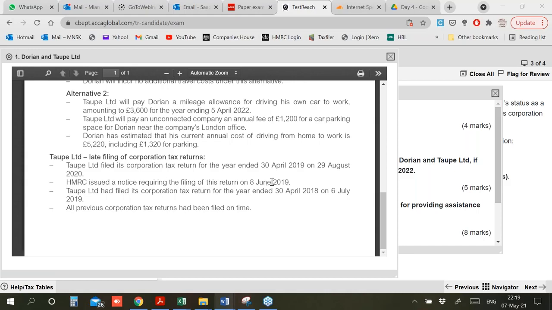Now, I will check whether they have submitted within 3 months. From the deadline, the 3 months will be May, June, and July. So they have not submitted in 3 months, they have submitted after 3 months. That is 3 to 6 months. Because of submitting in 3 to 6 months, they will be penalized 100 plus 100, that is £200.